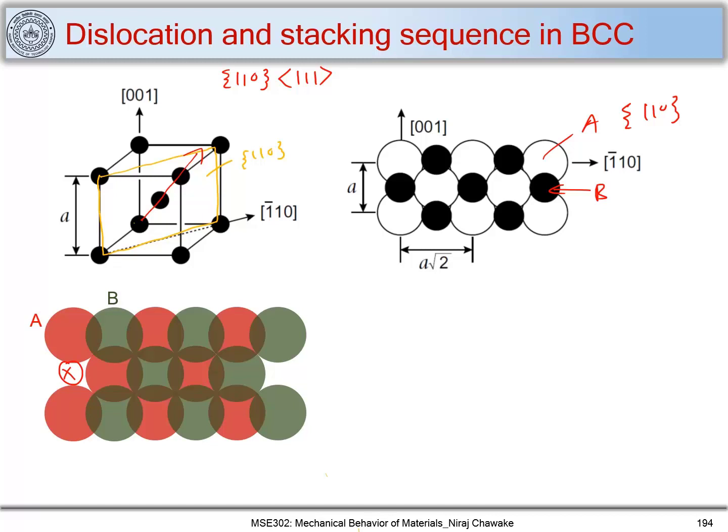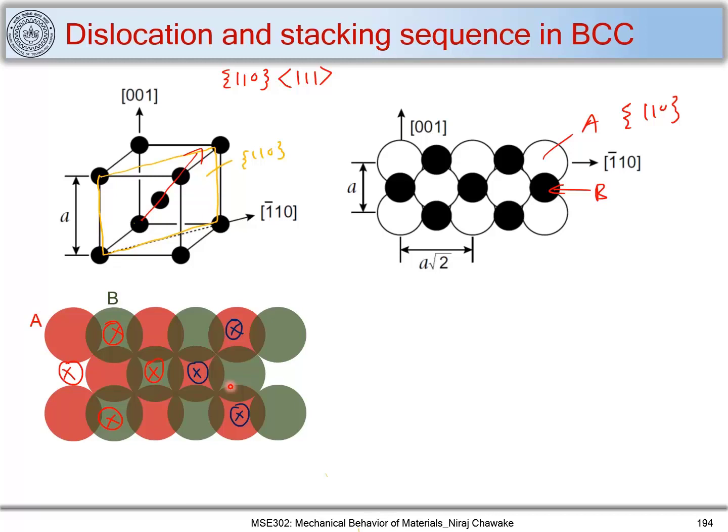So the B layer atoms will sit on these positions. And now what will the A layer atoms be? So A layer atoms will sit on this kind of positions. And thus this makes an AB-AB stacking.